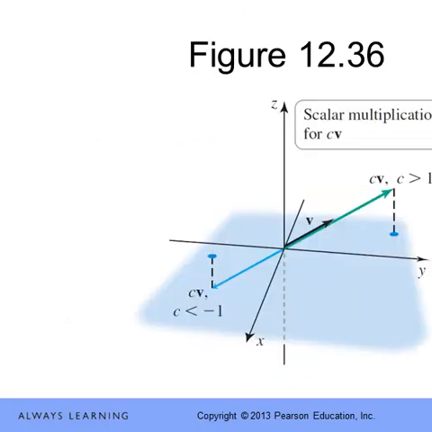Now, the same sort of operations that you do on vectors, as we did from 12.1, also apply here. You can multiply a vector v by some scalar c. Everybody understands the difference between a scalar and a vector, right? A scalar is basically a scaling factor.